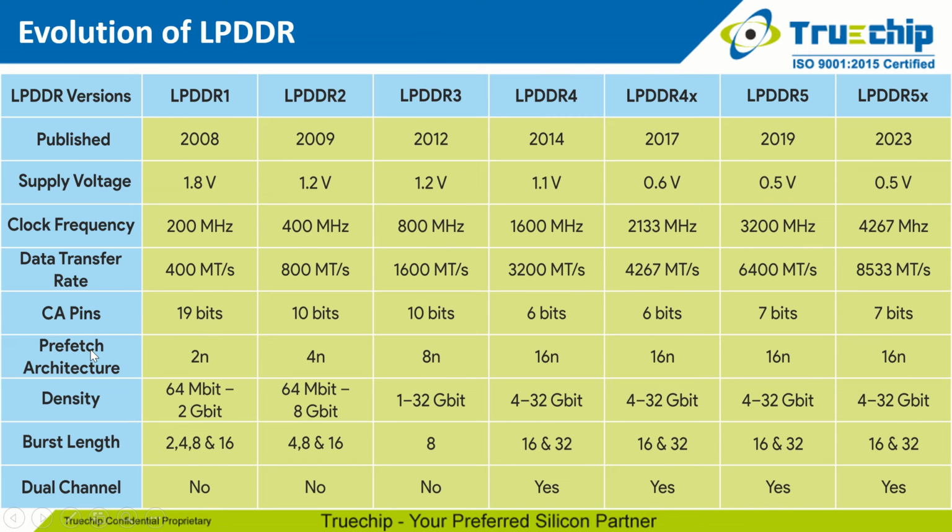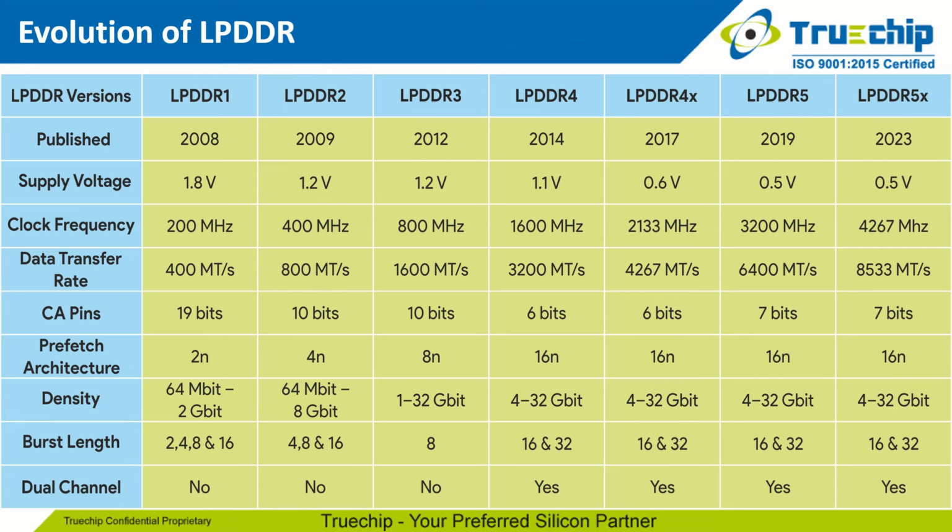Talking about the prefetch architecture, as we know, the DRAMs with the internal clock are always clocked at a low frequency with respect to the actual bus interface clock frequency, because memory is very sensitive and will have power and data loss if operated at a faster bus interface frequency.